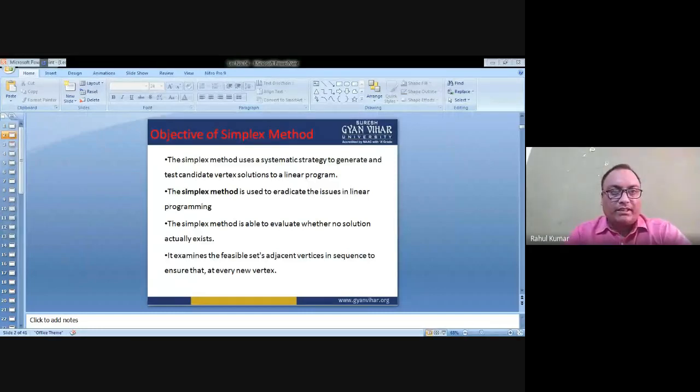The simplex method is used to solve the issues in linear programming. This programming does not refer to computer programming. It is the programming related to solving a complex variable problem in a simple way, and this simplex method is able to evaluate whether no solution actually exists.